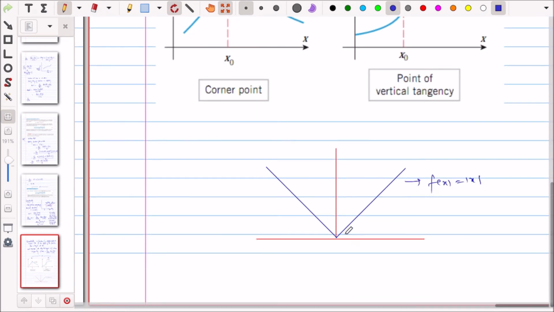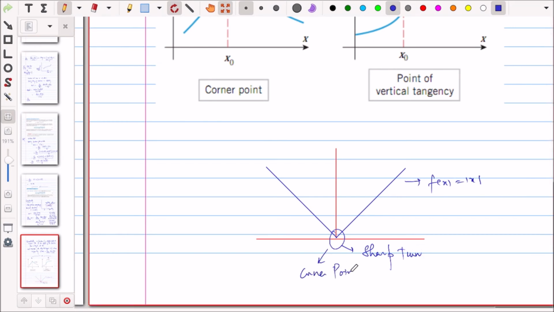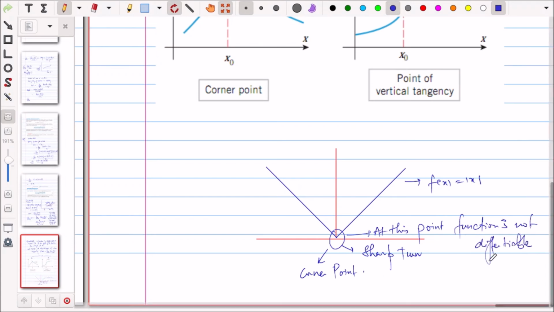So if you see this sharp turn, right, or corner point you can say, so at this point the function is not differentiable because the tangent does not exist at this point, okay, is it fine?